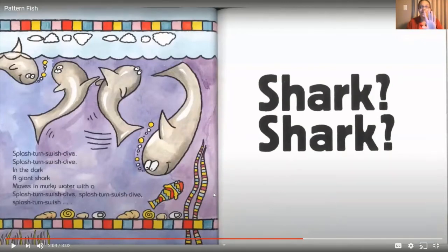We start off our pattern with A, then we go B, C. What's the next letter? Right, D. So this is called an A, B, C, D pattern. Yes, it has 4 parts in the core that repeat. Splash, turn, swish, dive. Which pattern on this page is your favorite?